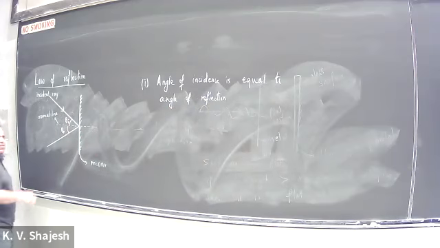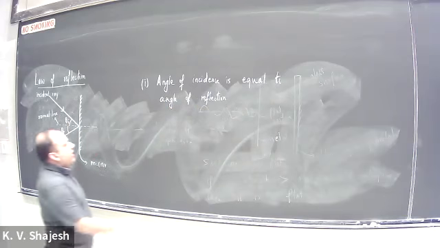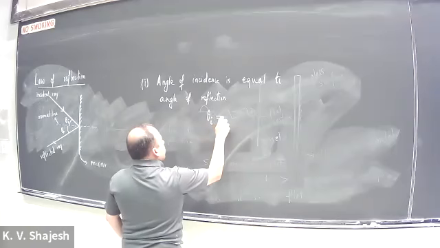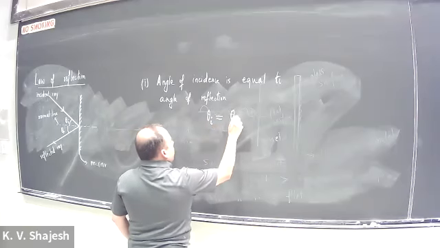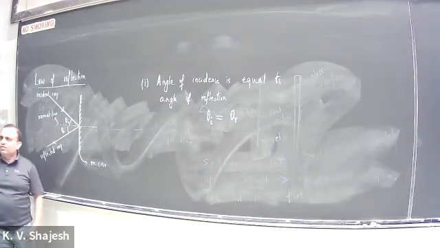And the ray that goes after reflection is called the reflected ray. Algebraically speaking, we are saying theta I is equal to theta R. That's a simple relation. This angle is exactly the same as this angle.